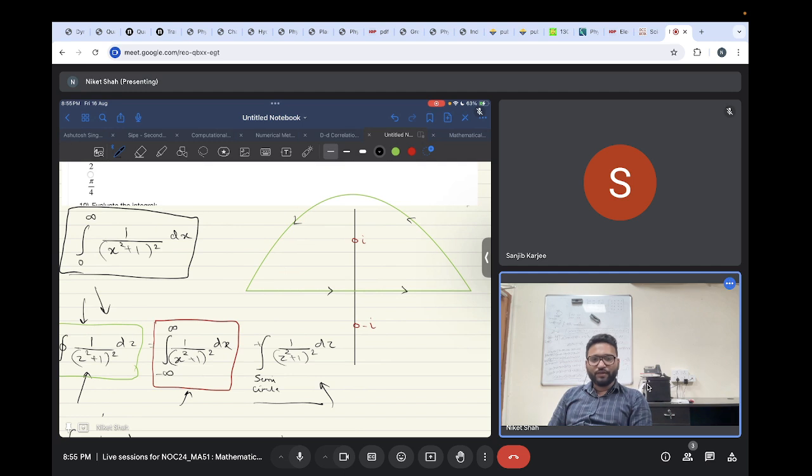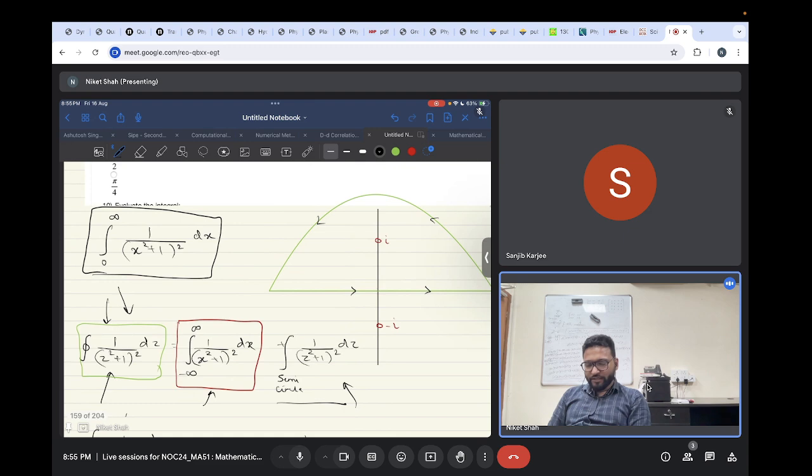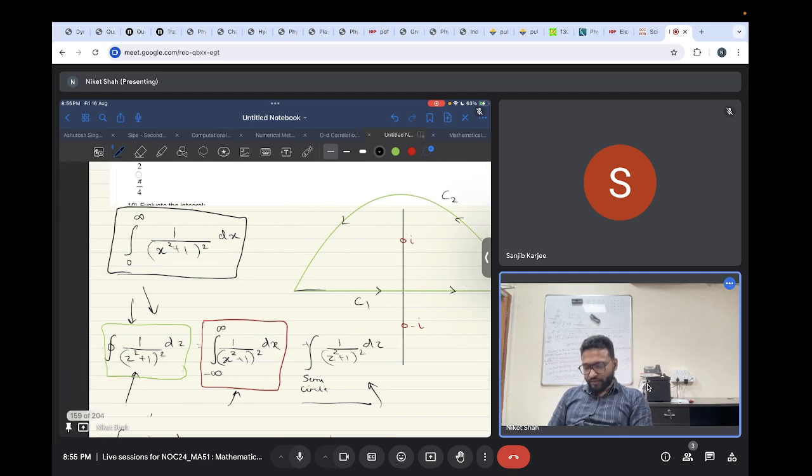This is my contour. So the contour integral of 1 upon z square plus 1 the whole square dz is, let's call this C1 and let's call this semicircle C2. So this first part is just C1. Because C1 is along the real axis, I'm just writing it as x square, not z square. Along the x-axis, z is equivalent to x because only the real part exists. So that's why I've directly written x square plus 1 the whole square. But along the semicircle, there is z also. There is an imaginary part also. That's why the second semicircle part has z square plus 1 the whole square.